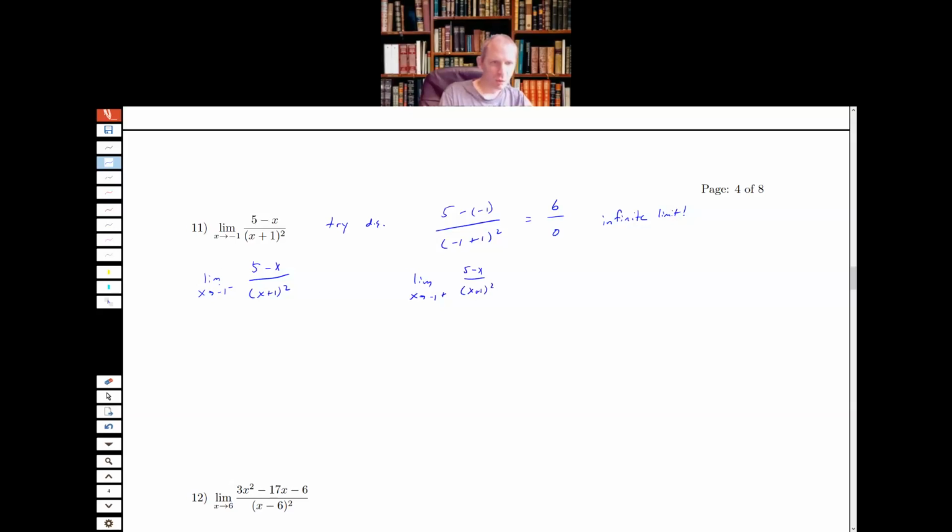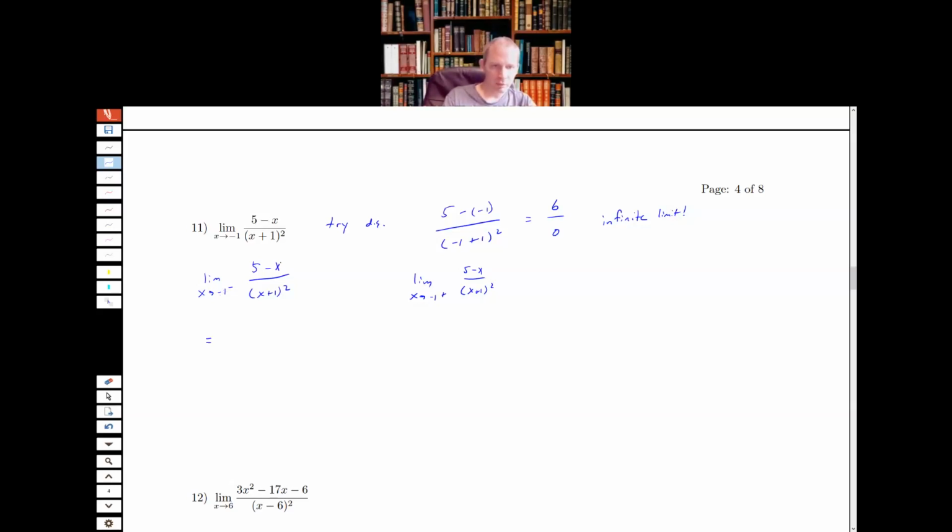Okay, so if I look at the left hand limit, I know that it's going to be either equal to infinity or negative infinity. So again, I don't have to worry about computing a specific number. What I'm going to do then is just say, well, as I approach -1, think about being infinitely close to -1 but slightly smaller. What am I going to get?